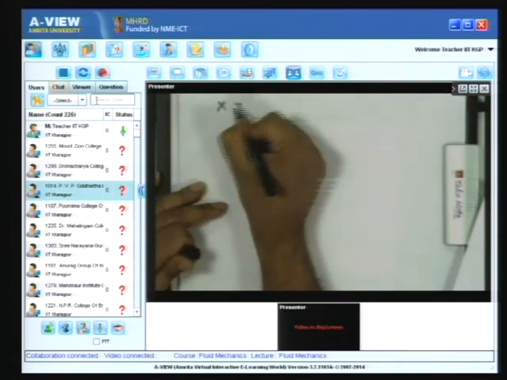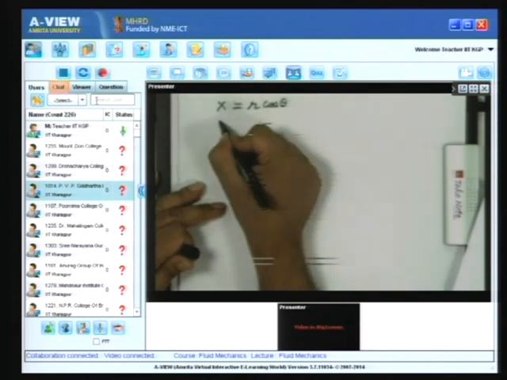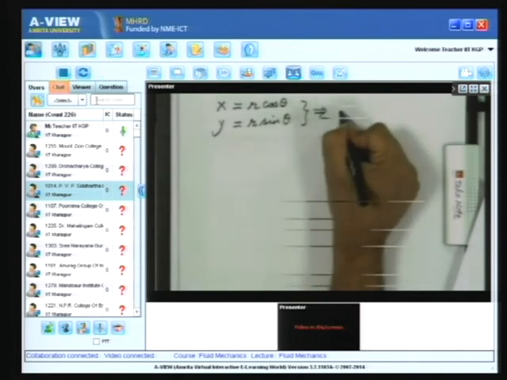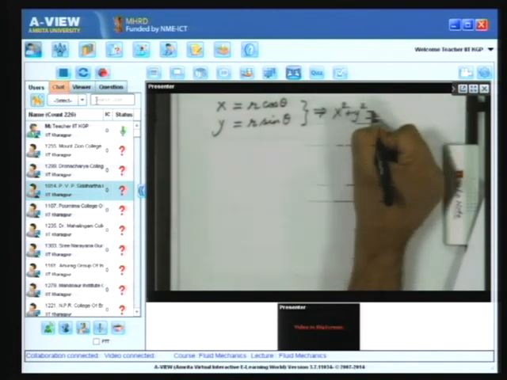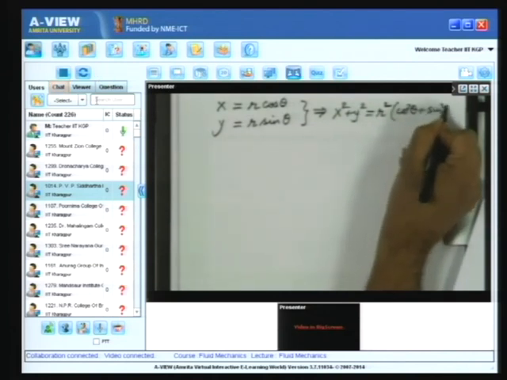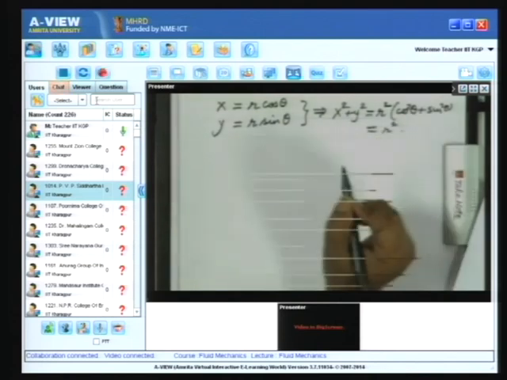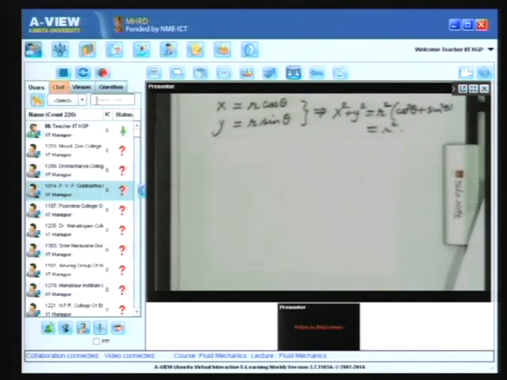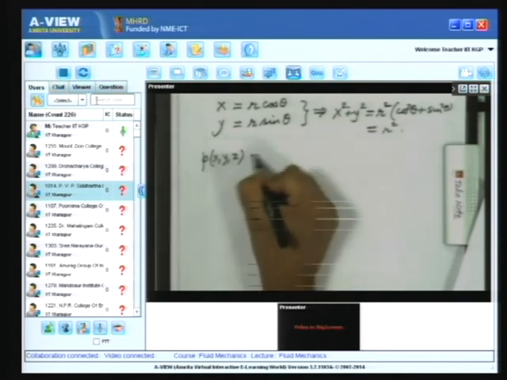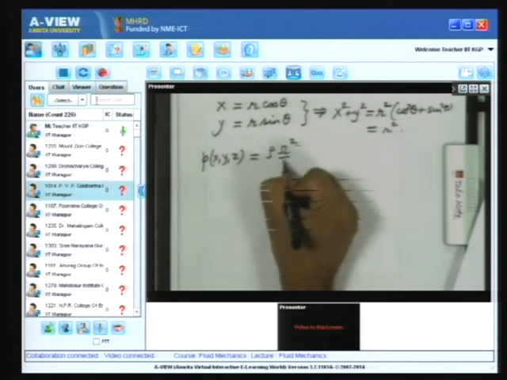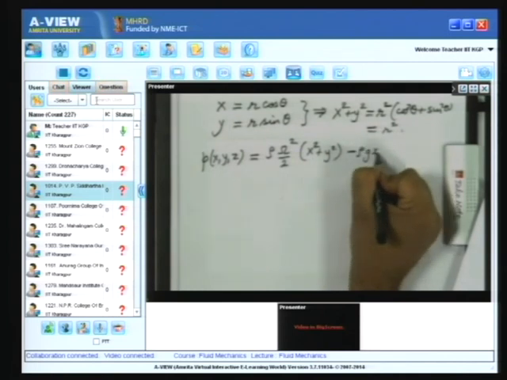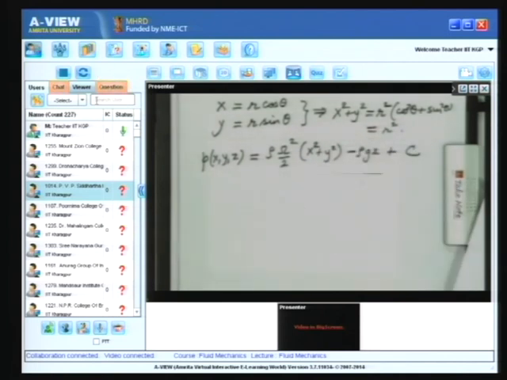We have shown that x is r cos theta, y is r sin theta. So, from here, if you look at x square plus y square, you are going to have r square into cos square theta plus sin square theta, which is r square into 1. So, x square plus y square is r square. So, if you have p of x y z is equal to rho omega squared by 2 into x square plus y square minus rho g z plus c, I can write it in an equivalent way.